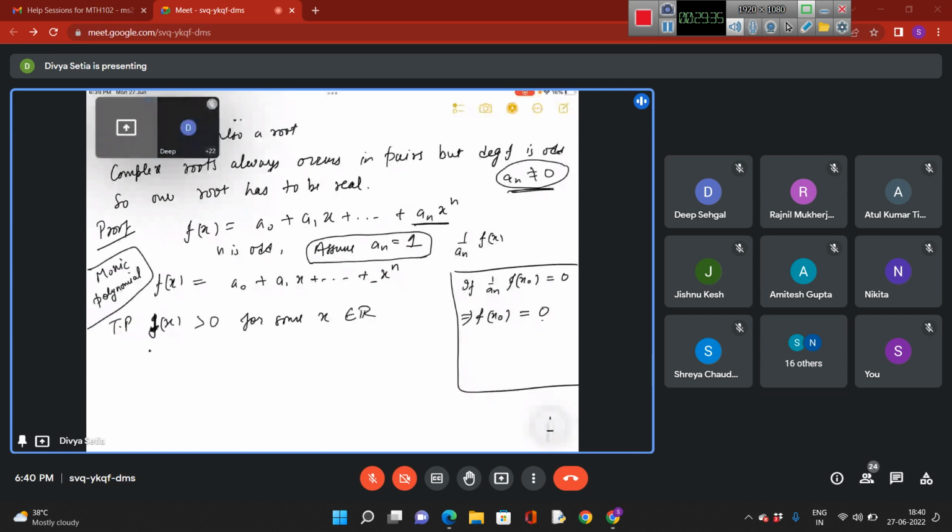And f of x is less than 0 for some x belonging to R. Right?